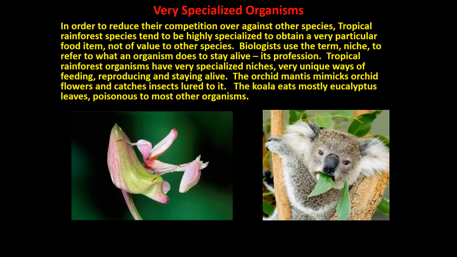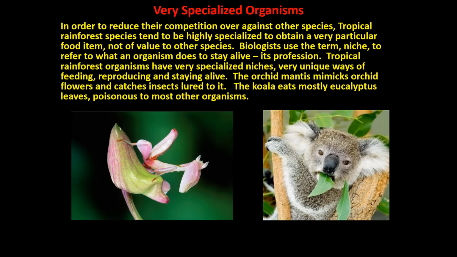Biologists use the term niche to refer to what an organism does to stay alive. Its profession. Tropical rainforest organisms have very specialized niches, very unique ways of feeding, reproducing, and staying alive.